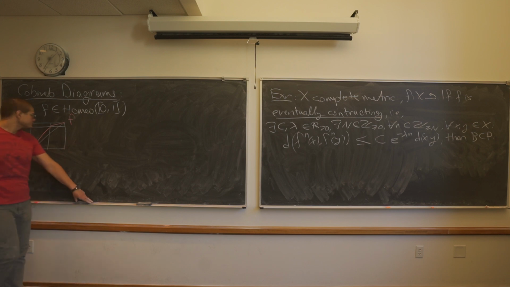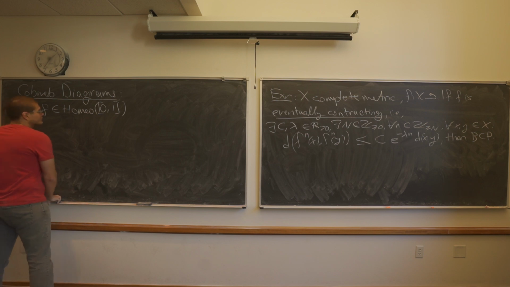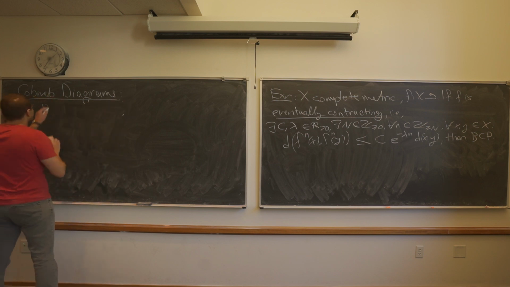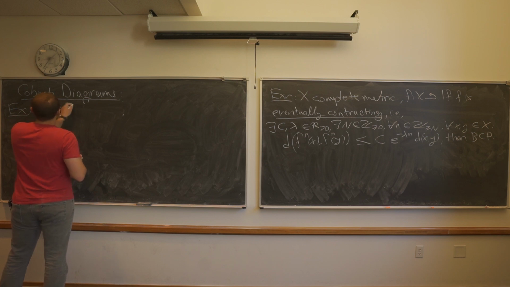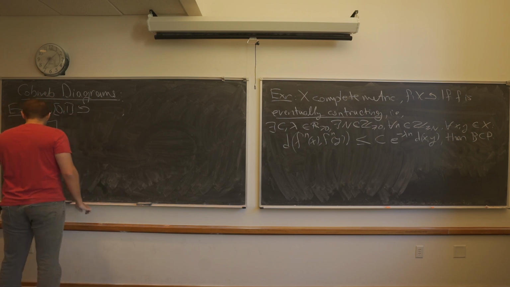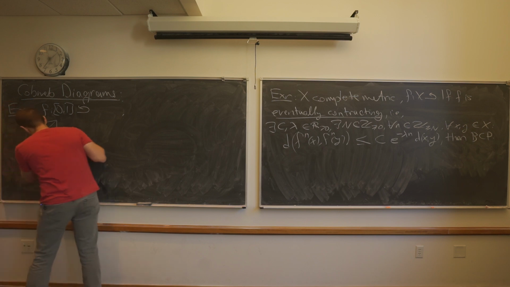In fact, let me change this a little bit. Change this just a little bit. And in fact, I'm not going to use a homeomorphism. Changed it. So I'm going to start here.